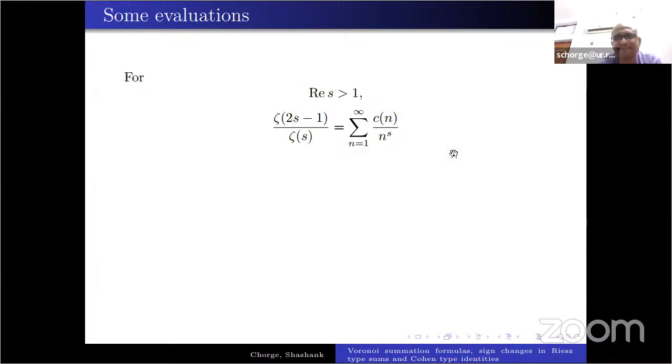Okay, so before that, we just saw the definition of C of n. C of n has the Dirichlet series zeta 2s minus 1 divided by zeta s. That is the Dirichlet series representation for C of n.